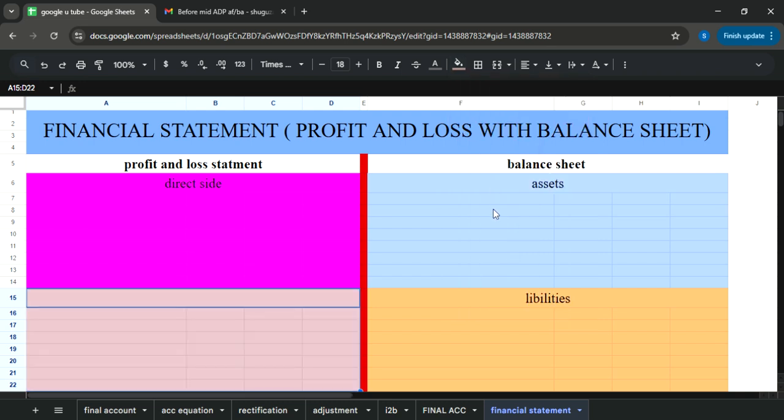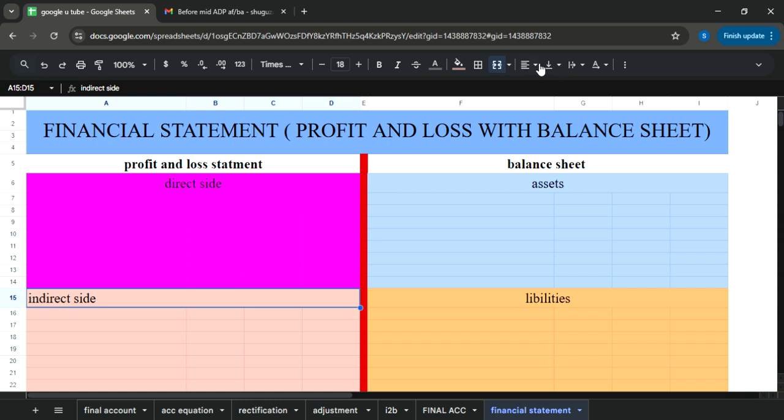Right now, we have created four different parts of our statement. This is for the indirect side of the business. Direct side means all those elements which are closely and directly associated with the business.